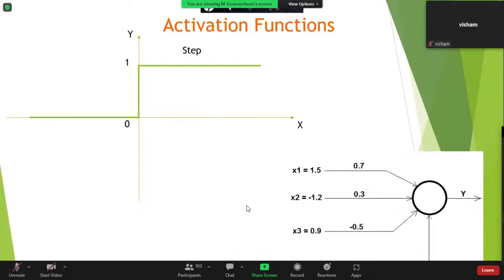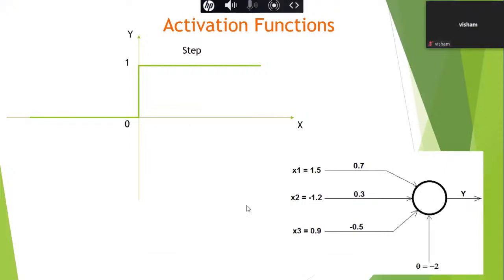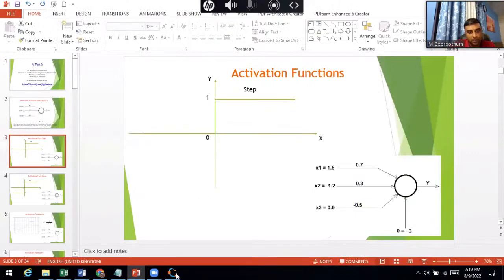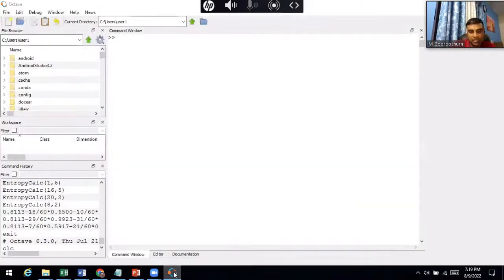Yep, so you have to be careful. This is your capital X. If I just shift to Octave here, you would all, I guess, know Octave.